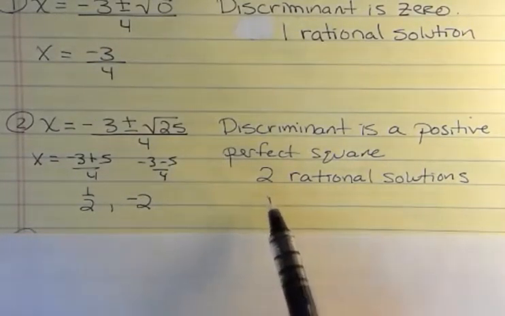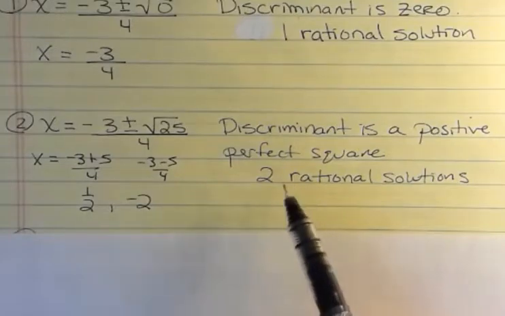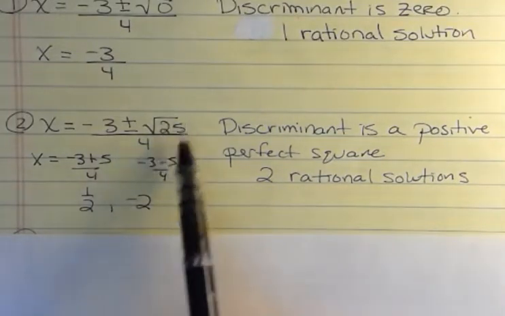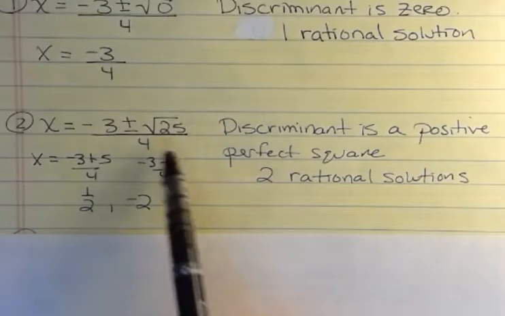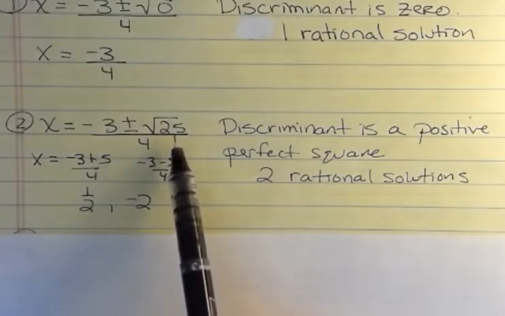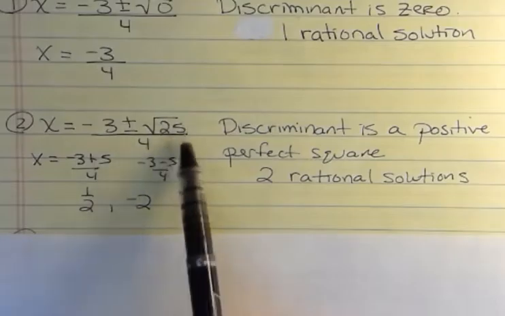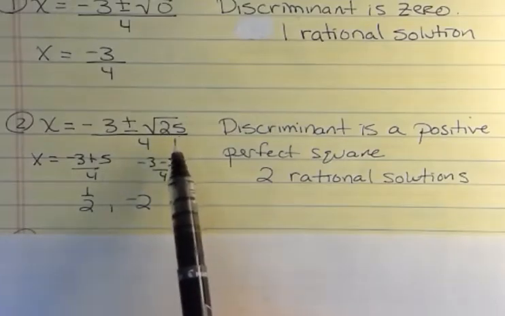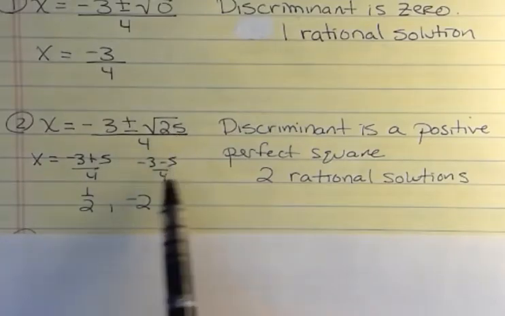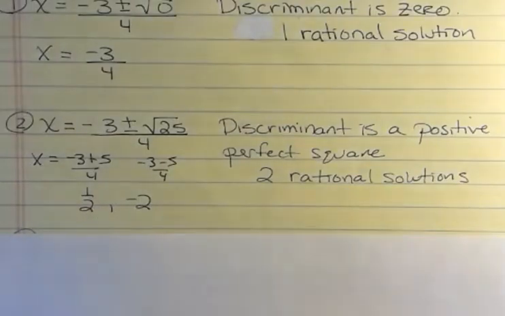It's two rational solutions. I don't have any radicals left because this came out to be a perfect rational number, 5. So if I have a perfect square under here, and it's positive, I'm going to get two rational solutions.